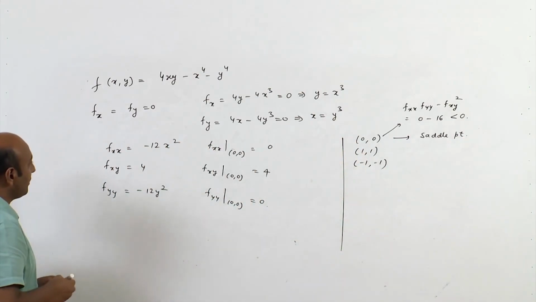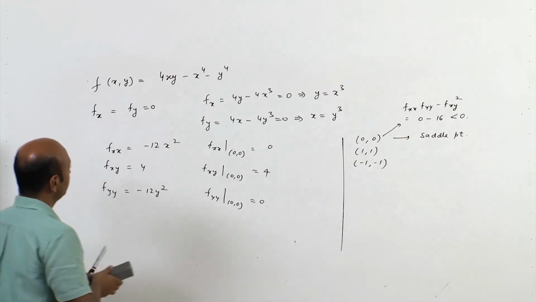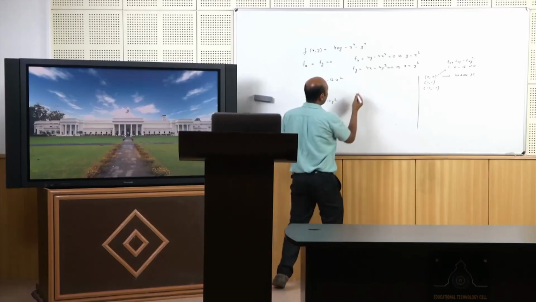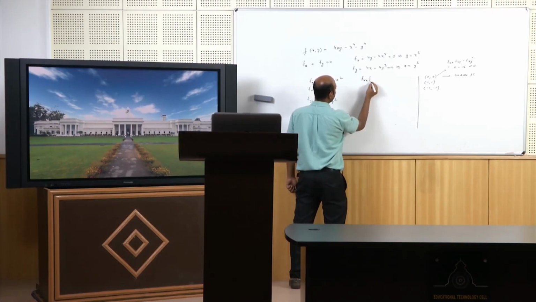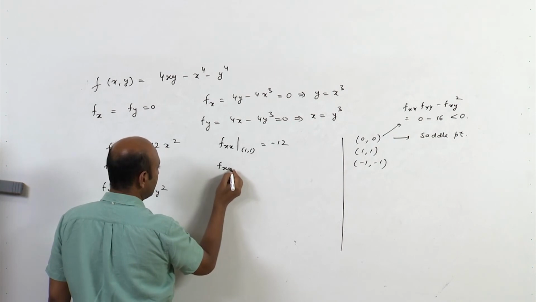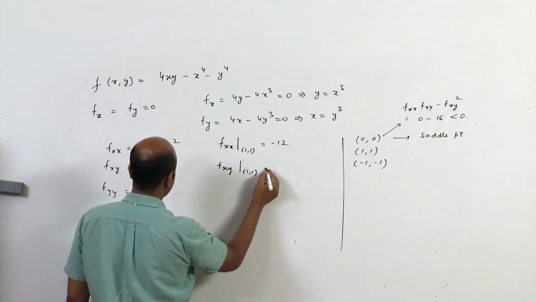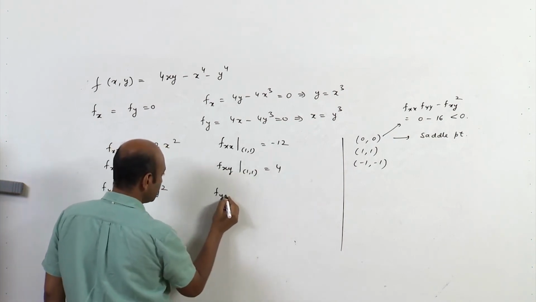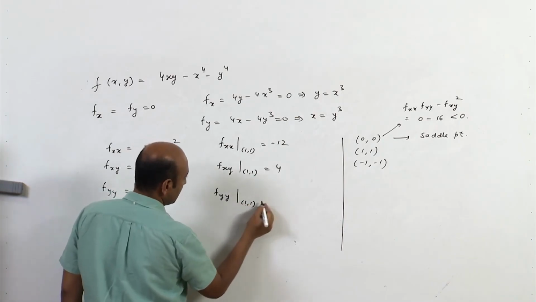Now check for (1, 1). At (1, 1), fxx is -12, fxy remains the same, and fyy is again -12.